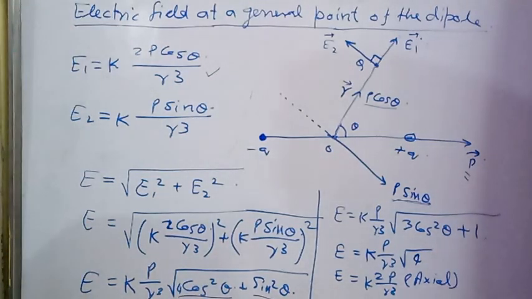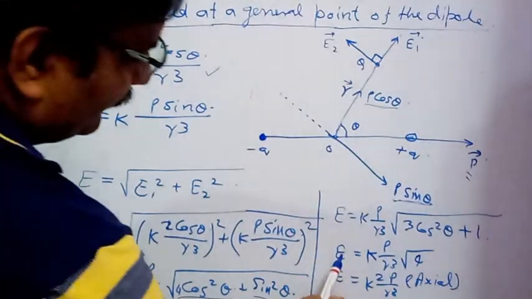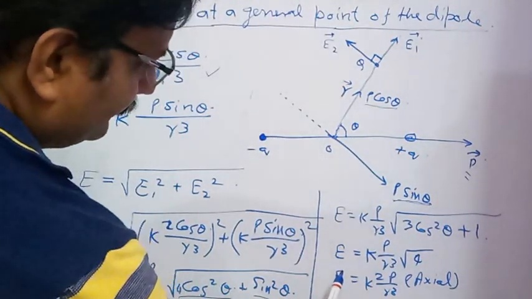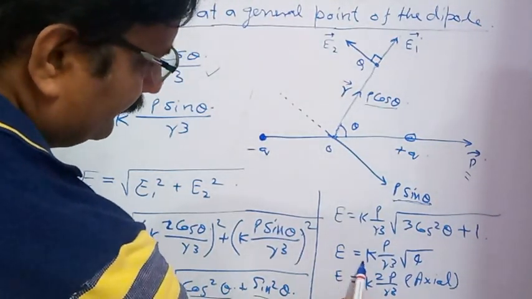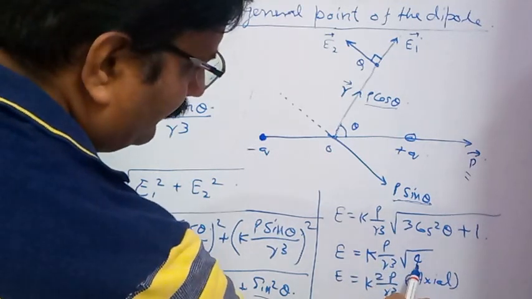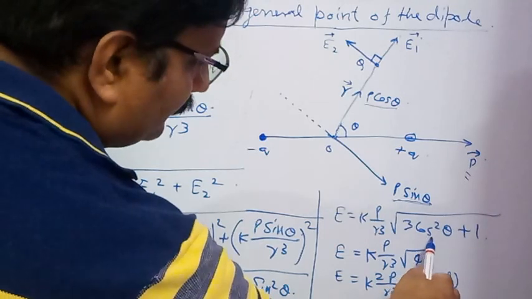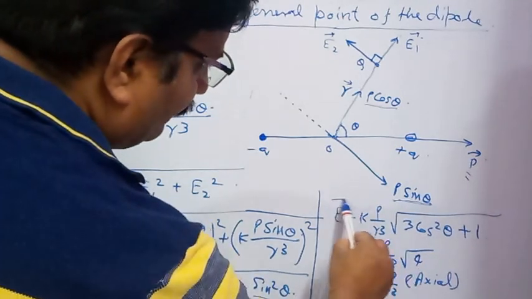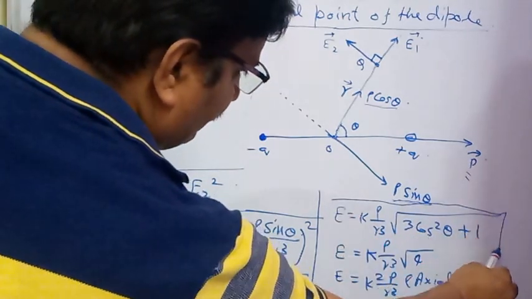As we know, cos squared theta plus sin squared theta is equal to 1. So the expression for the electric field at the general point is E equal to K P divided by r cubed times the square root of 3 cos squared theta plus 1. This is the expression.